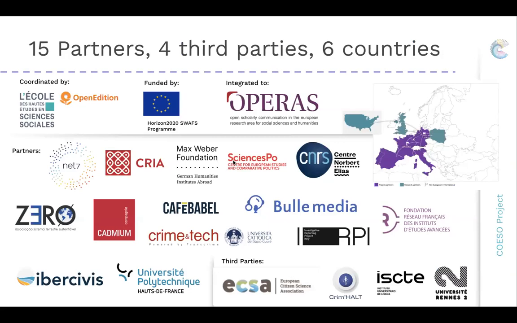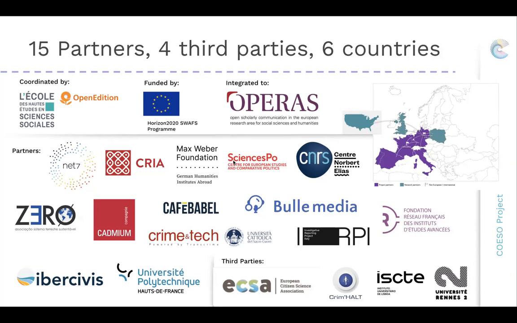One thing I would like to mention about the partnership is that we also had EXA as our partner within the project, because VERA is also integrated with EXA, the EU Citizen Science Platform. And it is also integrated into the OPERAS research infrastructure.